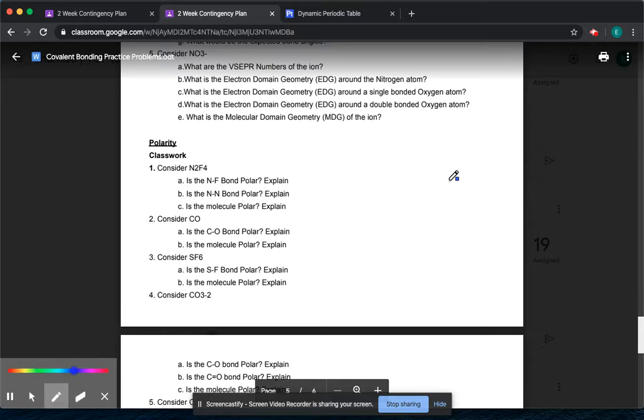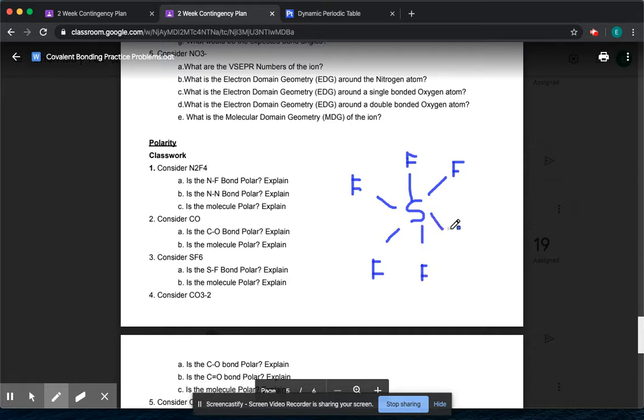And if we do SF6, how many electrons are we working with?